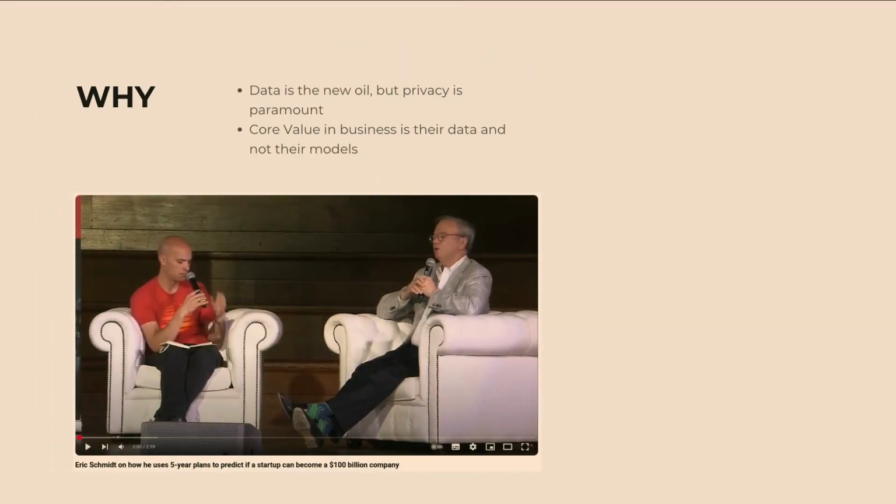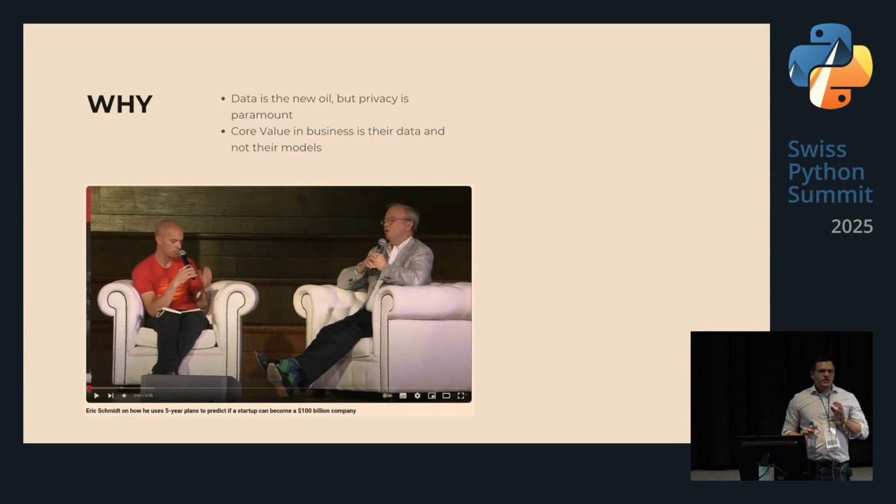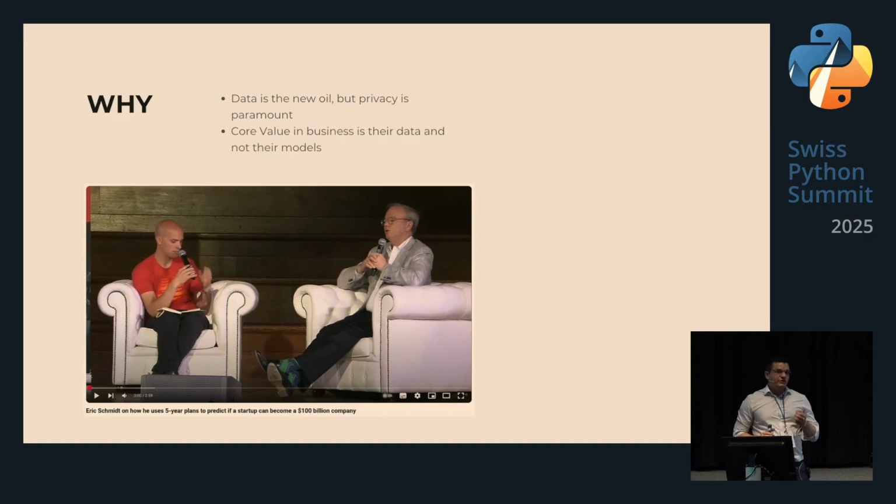Data is the new oil. Machine learning heavily relies on good quality data. There's a really good talk by Eric Schmidt where he argues quite persuasively that the next $100 billion companies will not be based off AI models, but based off data, specifically if data is niche or specialist.